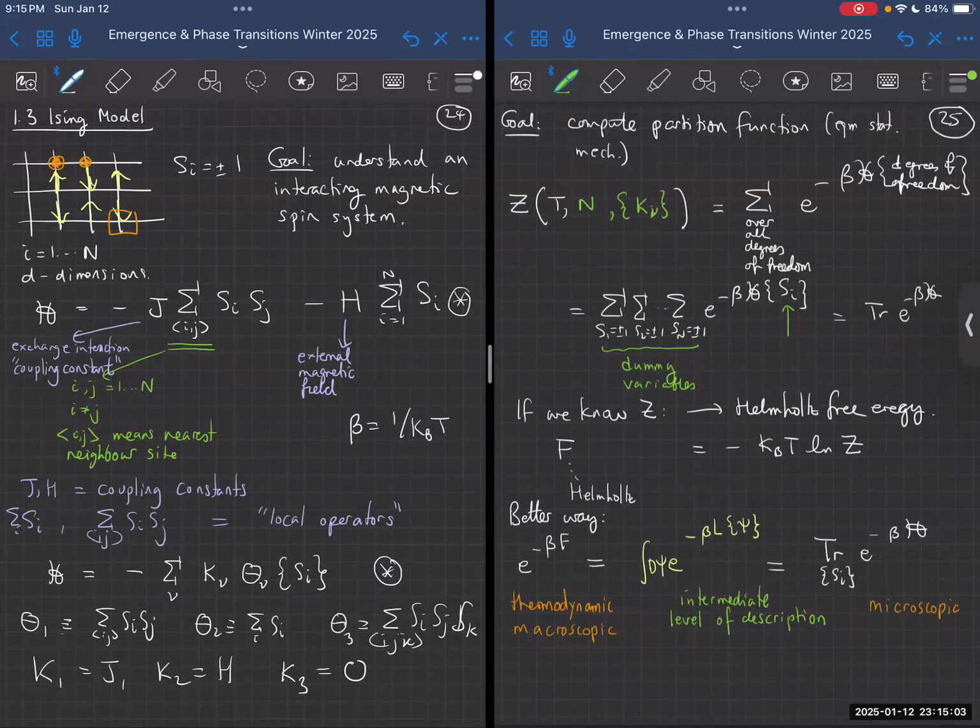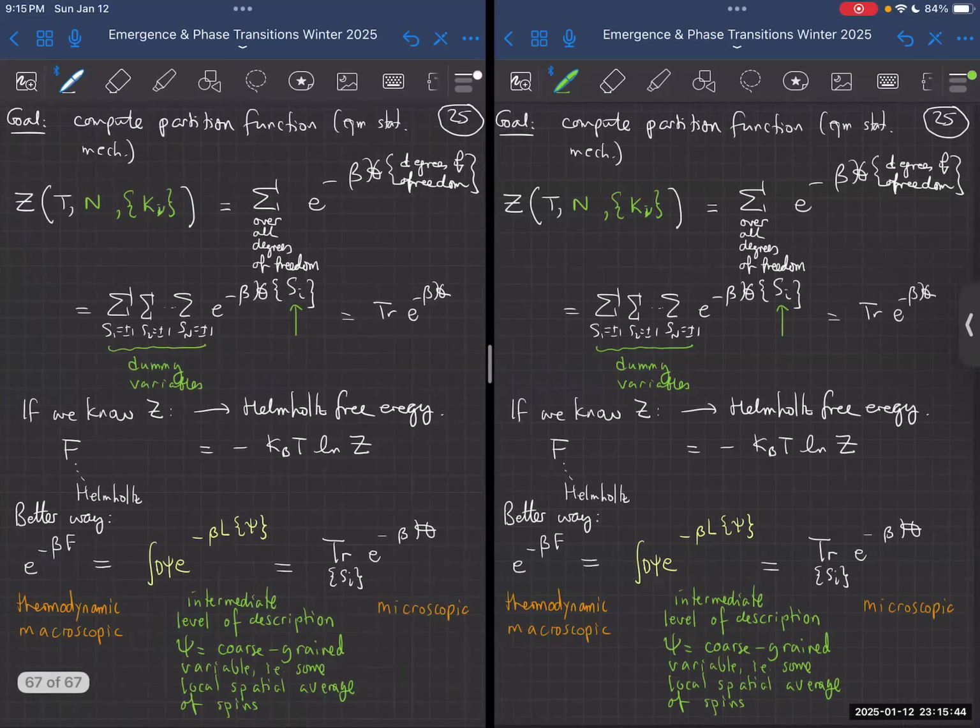And in this level of description, psi is a coarse-grained variable, which in this case is some local spatial average of spins. So that's one way to think of this intermediate level of description.